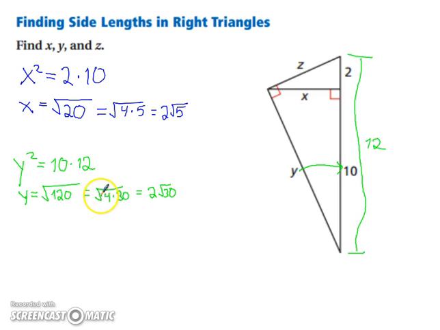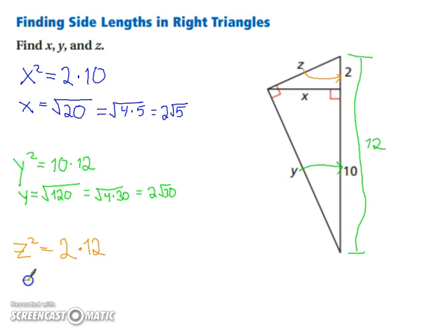Notice every time we try to pick a number that's a perfect square. If it's a perfect square, that's how we can kind of get rid of it, essentially speaking. Let's try z. So we have z squared equals the one that's on the same side, so we've got 2 times the total, which was 12.